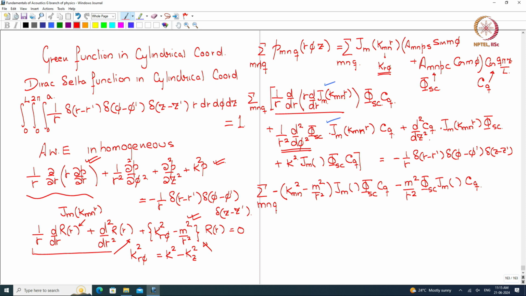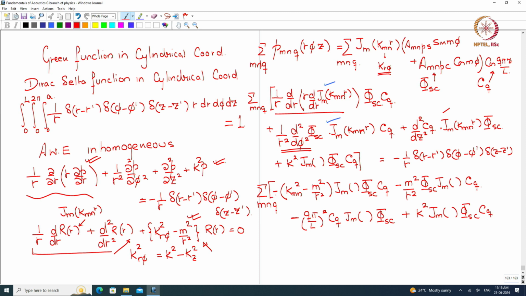Then this one gives me minus q pi by L whole squared, again CQ Jm phi sc, then plus k square Jm phi sc CQ.